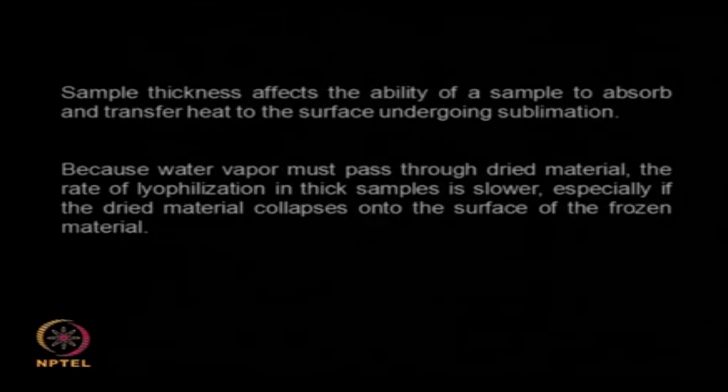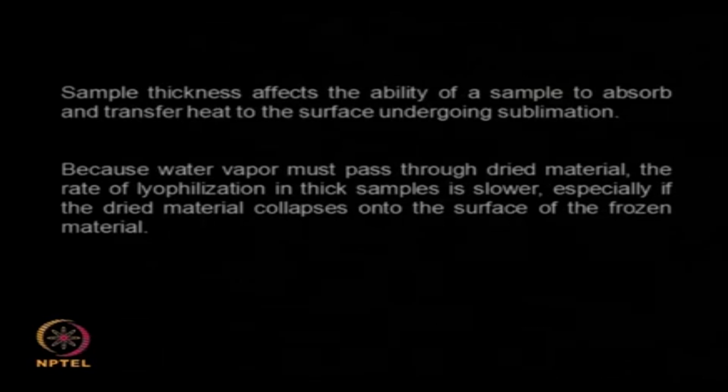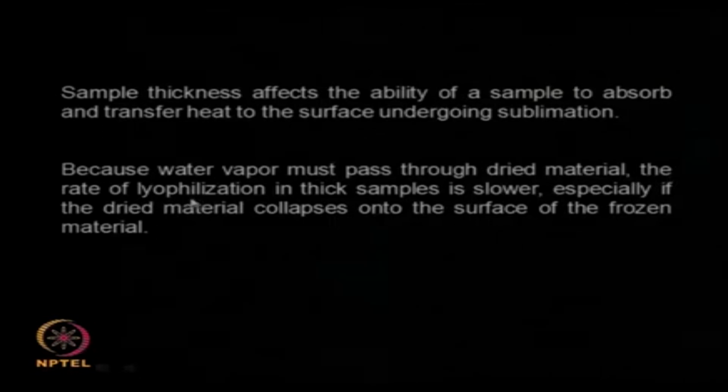Whereas if I have a very small container, the area for lyophilization decreases, so sublimation is slower, because the vapor has to diffuse through the thick solid icy material, and the water vapor must pass through the dried material, and the rate of lyophilization in a thick sample is slower, especially if the dried material collapses on the surface of the frozen material.